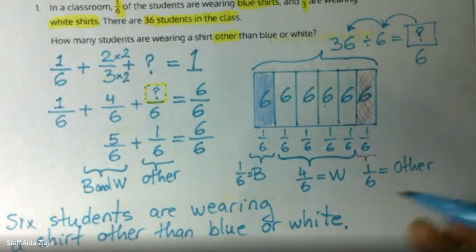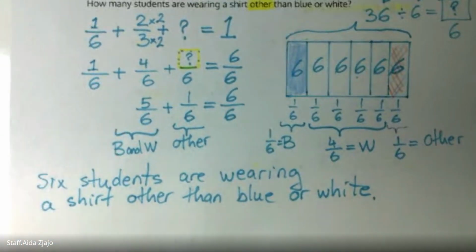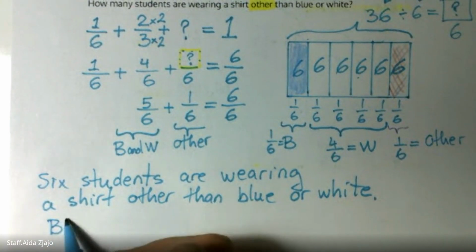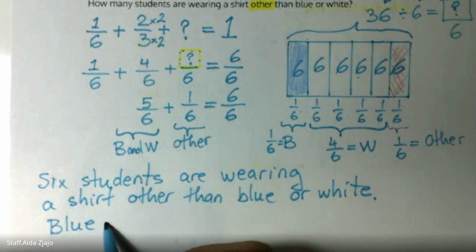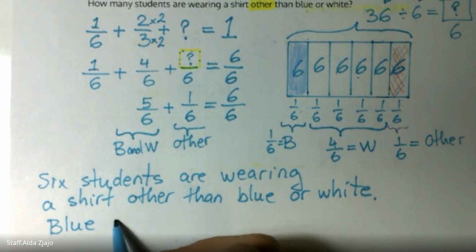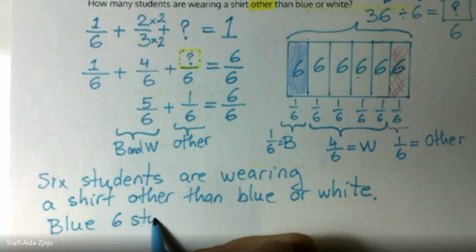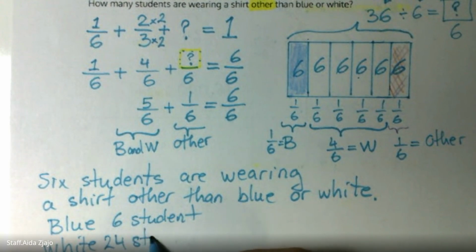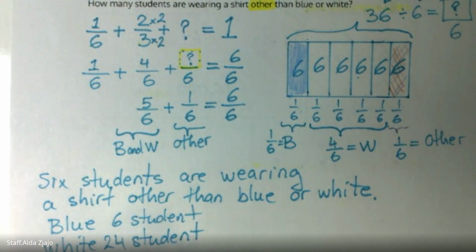Okay, and then if you would like to make it a little more, you can say blue, 6 students. Okay, white, 24 students, and then other, 6 students.